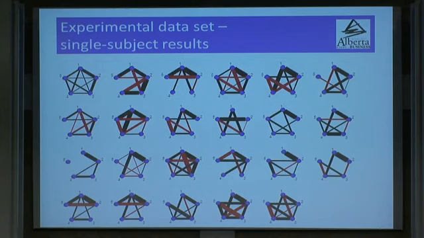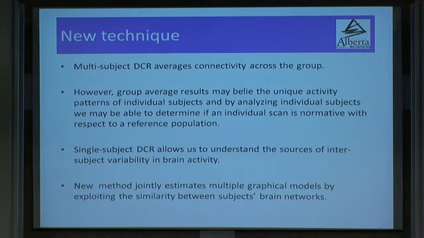So the question is, if we have multi-subject data, how do we combine? Okay. So the multi-subject DCR sort of averages the connectivity across the group. But by doing this, the group average results may belie the unique activity patterns of individual subjects.